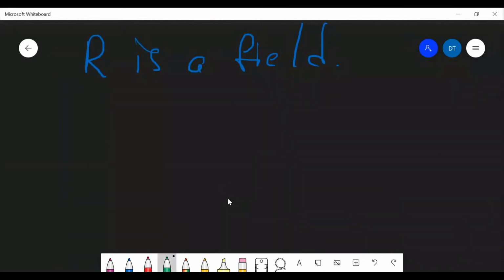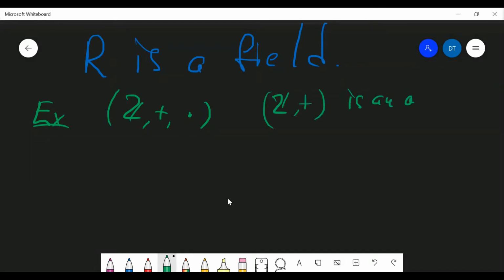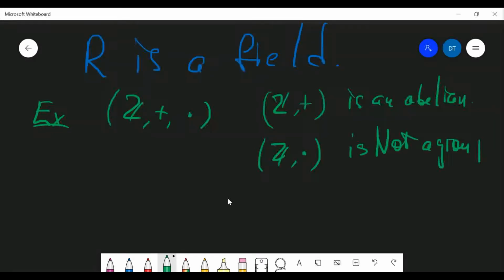Let me start providing examples. If you take Z with plus and dot, then Z with the operation plus is an abelian group. But if you take Z with multiplication, this is not even a group.